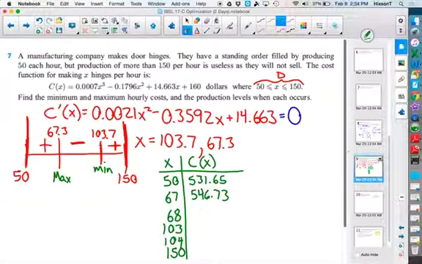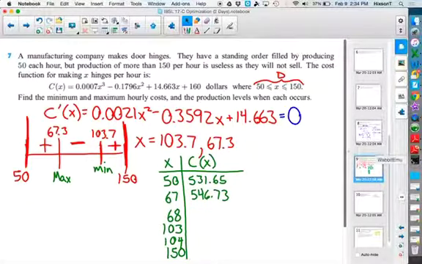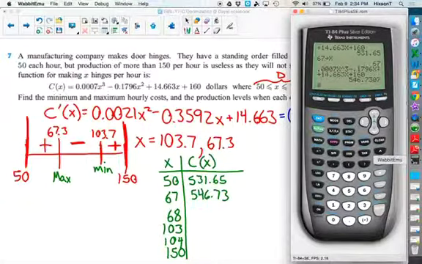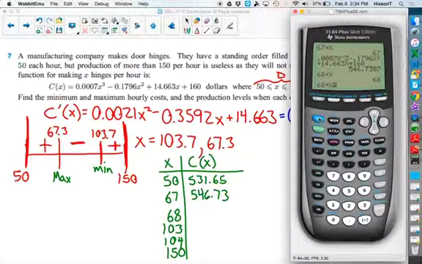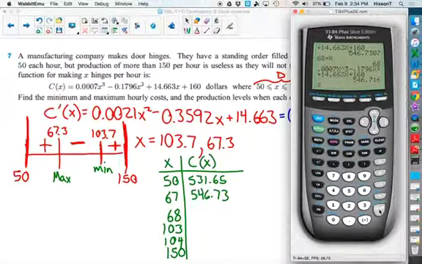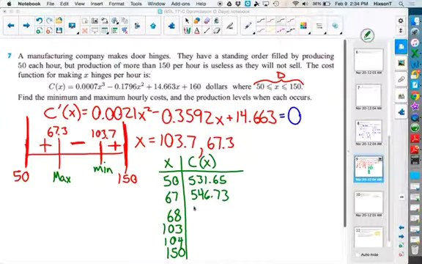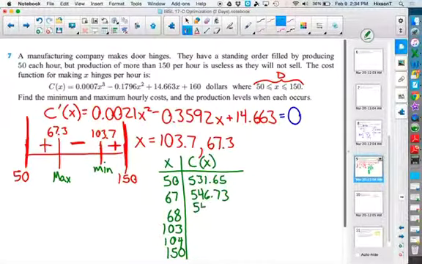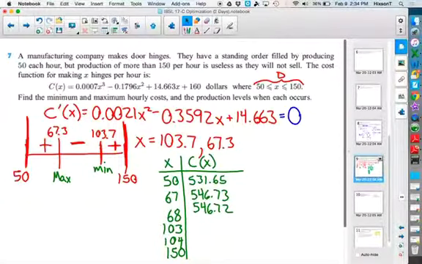Then I need to try 68. So 68 store x, go back to where I entered that in. It's 546.72. That's at 68.